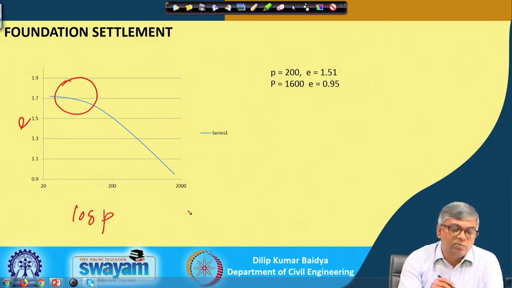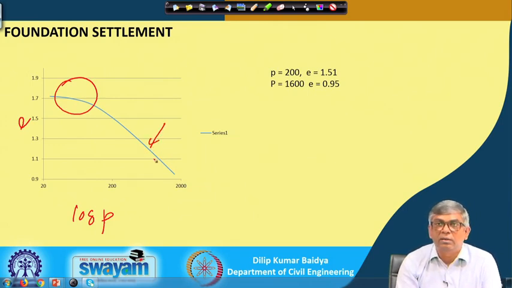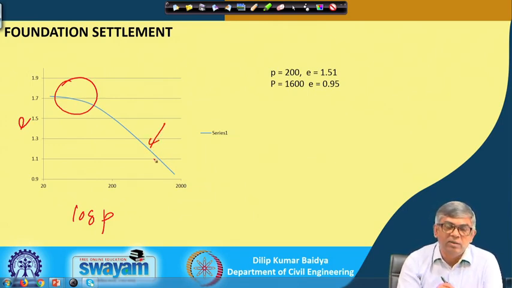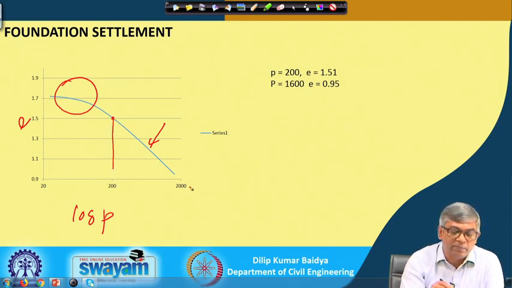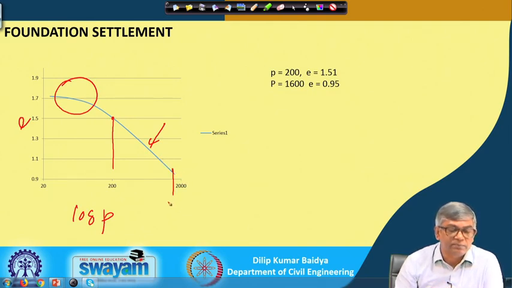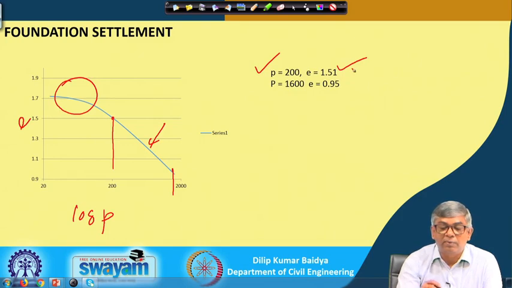So, how to find out C c? I have to find the slope of this portion. I will find what the pressure was at this point and at this point. So, if I locate these 2 points, P is 200, E was 1.51, and P is 1600, E was 0.95. Then what will be our C c?